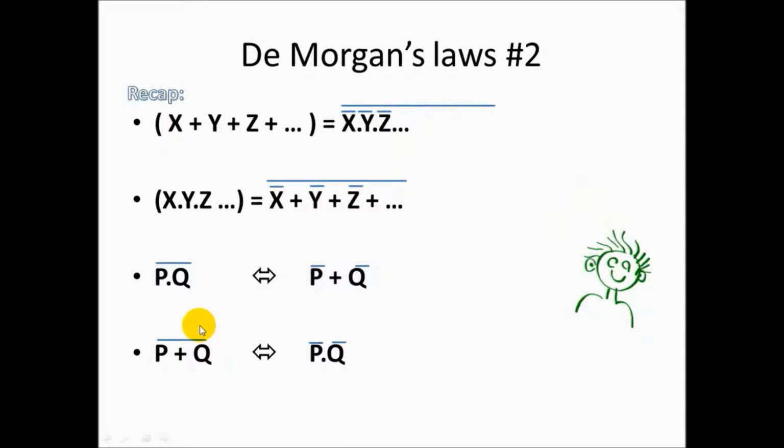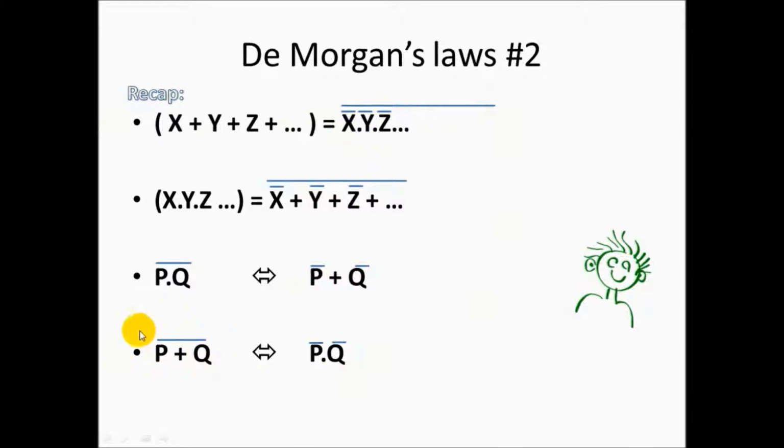P and Q is exactly the same as saying individual P inverted or individual Q inverted. Notice we don't carry the line over, because this bracketed equation shows me the entire equation should ultimately be inverted once we've changed the operators.